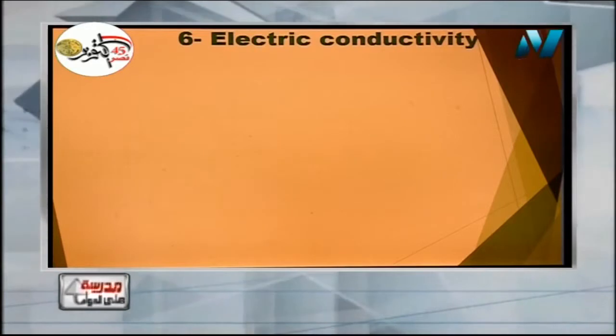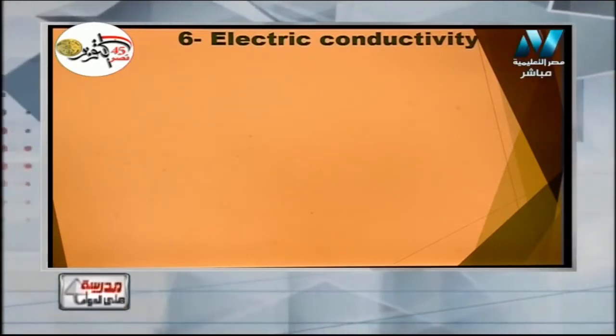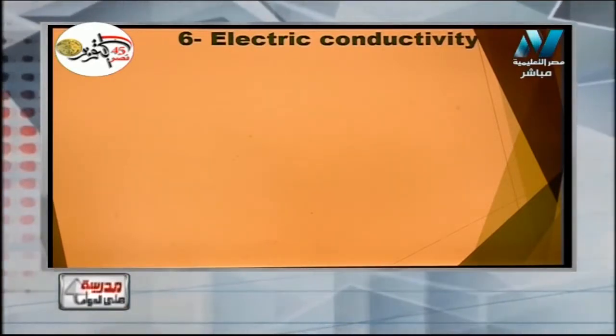Number 6, the sixth physical property is electric conductivity. Are all substances good conductors of electricity? Sure, no. Because all of us know that not all substances are good conductors of electricity.